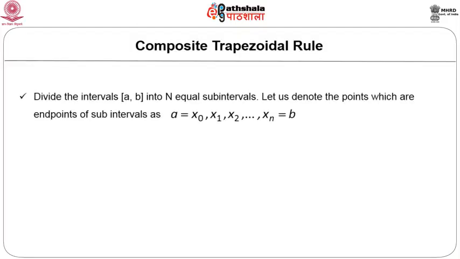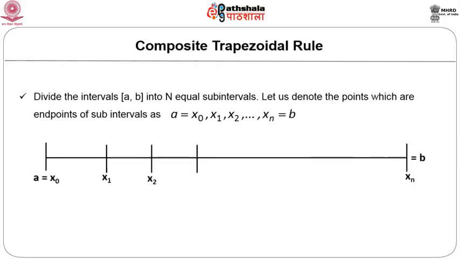So the trick is, we know that if we want to integrate over a to b, and c is any point within the interval, the integral from a to b can be written as the integral from a to c and the integral from c to b. So we are dividing the problem into subproblems by dividing the interval [a, b] into subintervals. Suppose we divide the interval into n subintervals. Let us say, for simplicity, we divide the interval into n equal subintervals.